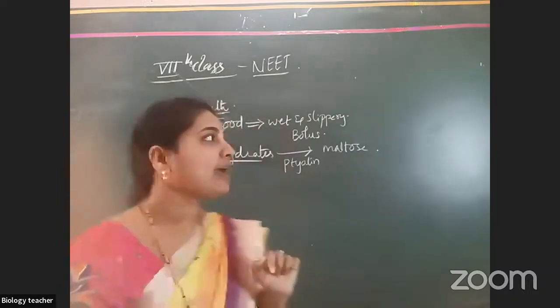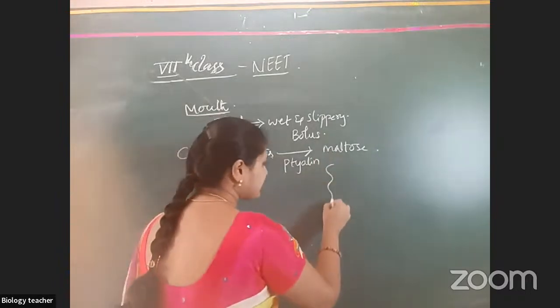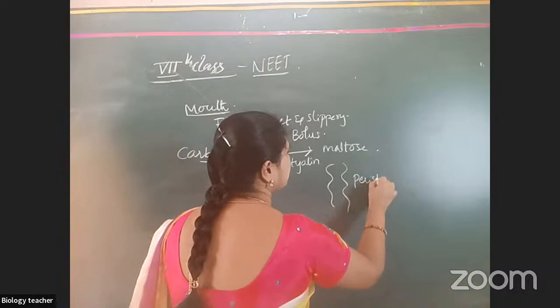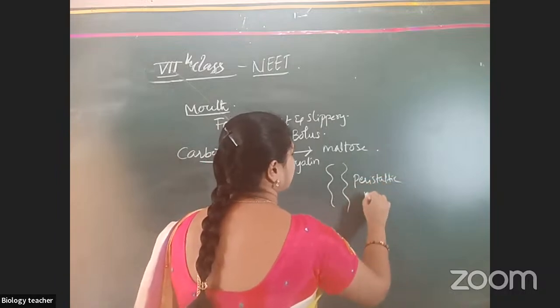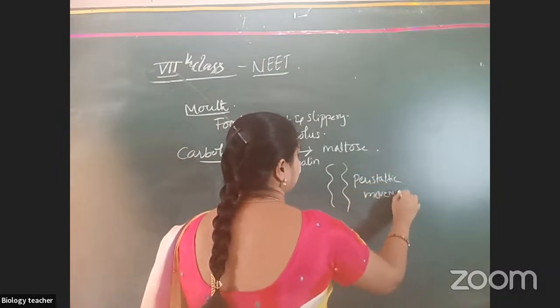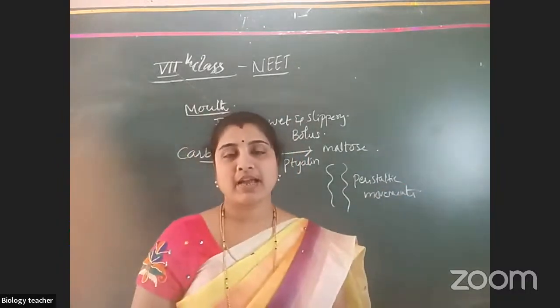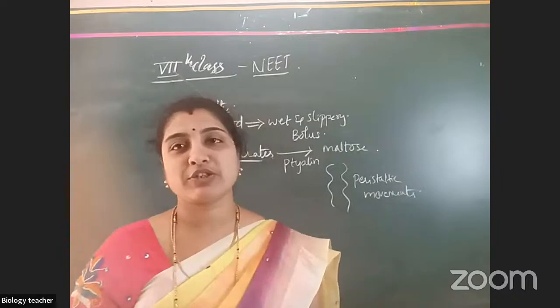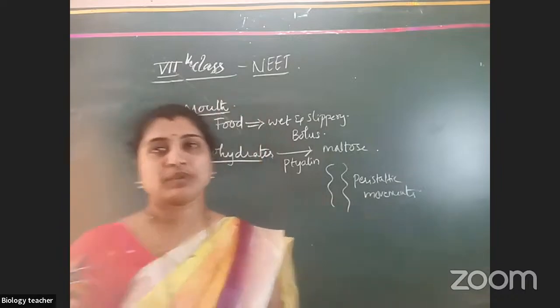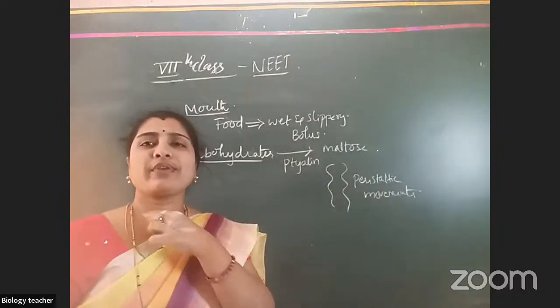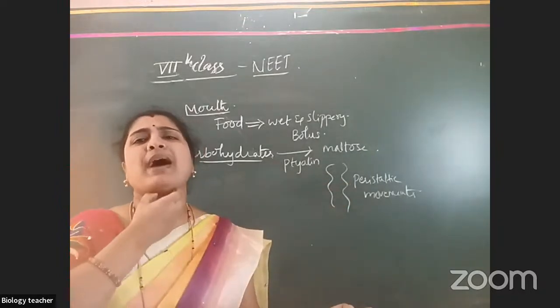Wave-like movements, which we have already discussed, are known as peristaltic movements. Peristaltic movements take place at three places: the esophagus, the stomach, and the rectum. Here in the esophagus, no digestion takes place; it just passes.